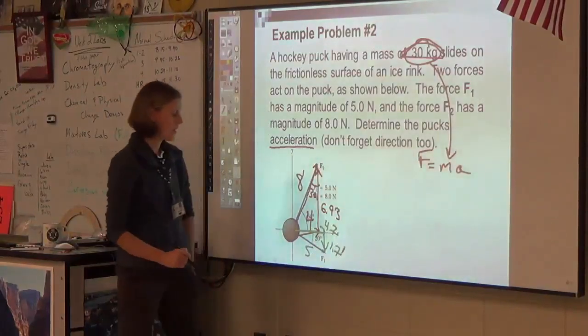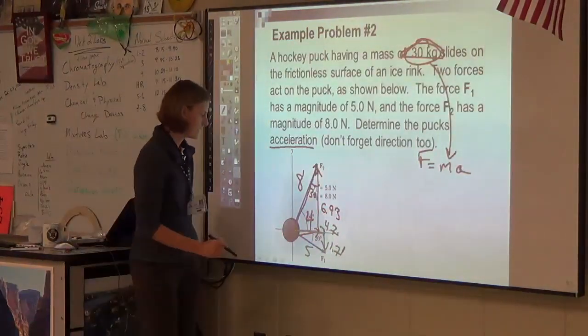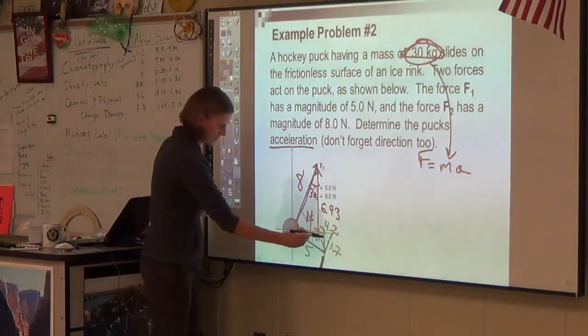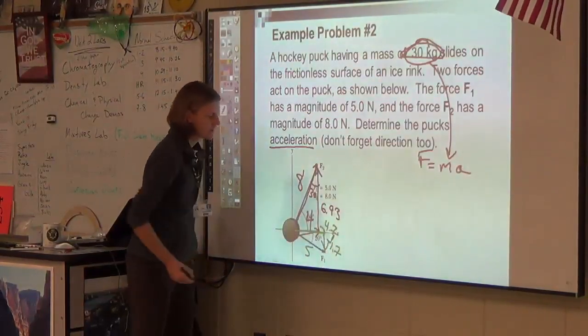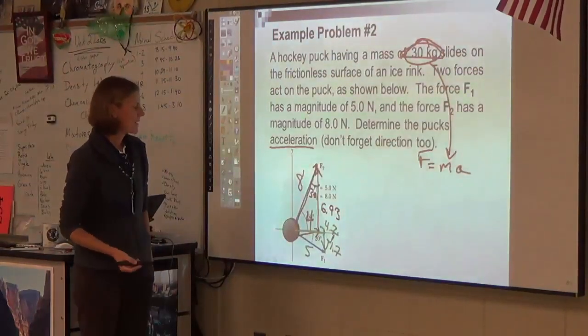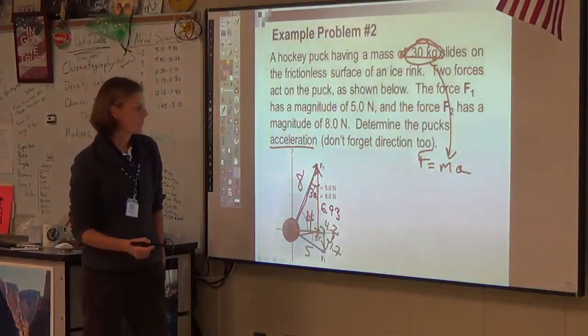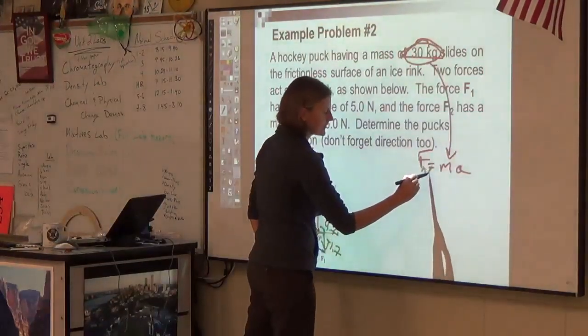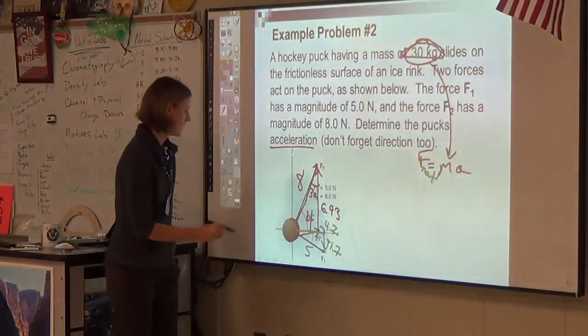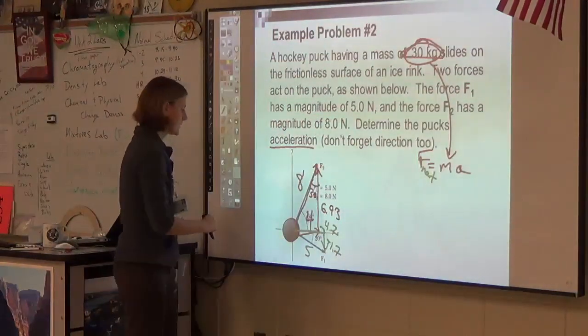Okay. So I found all my components. I guess throwing a negative sign here only. And now that I found all my components, now I can find my net force, because that is what I need for this equation. So add up your x's, add up your y's.